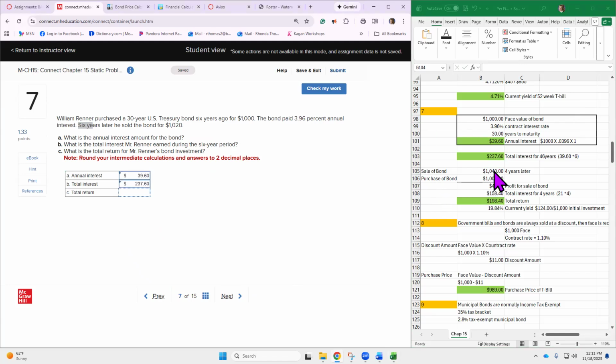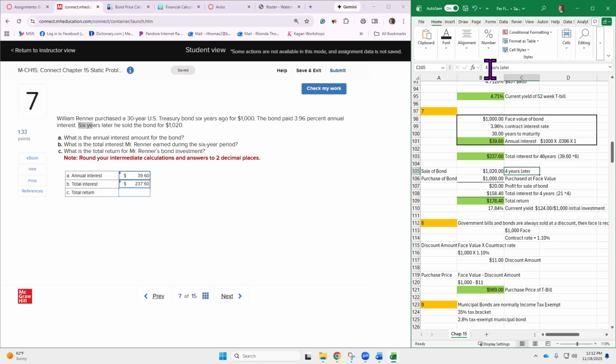Now let's talk about the sale of the bond. He bought the bond at its face value. Six years later, he sold it for $1,020.